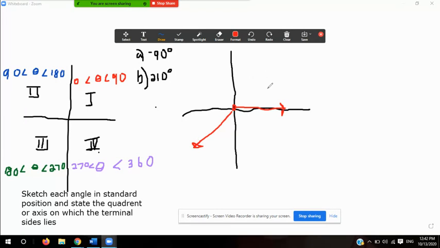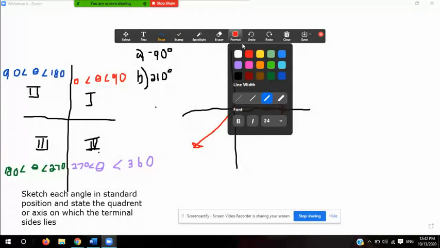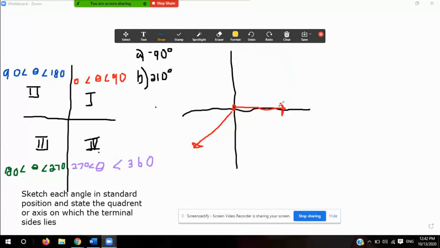And remember, I'm moving counterclockwise. So remember that counterclockwise means positive rotation. And the terminal side, which is right here, lies in quadrant 3. So that's pretty much it.